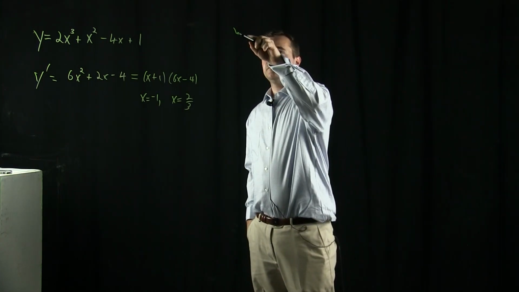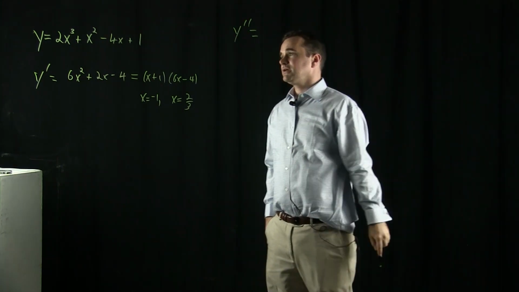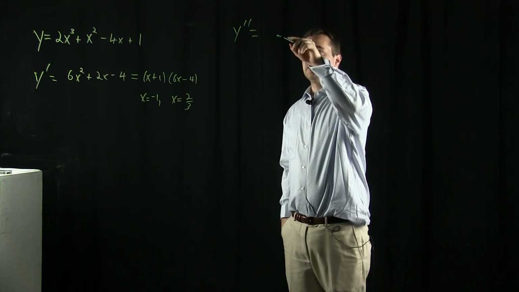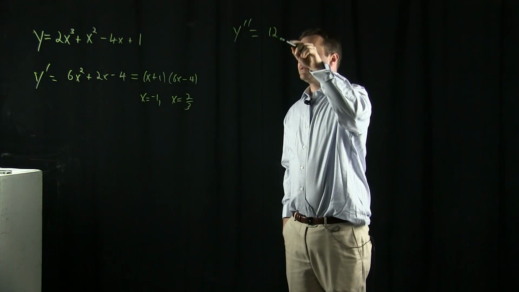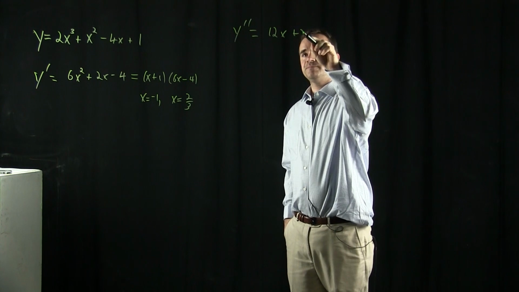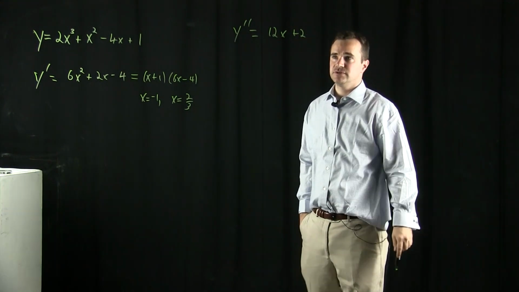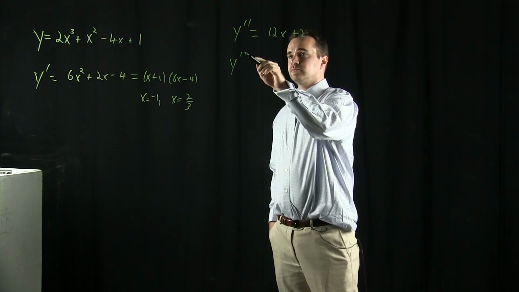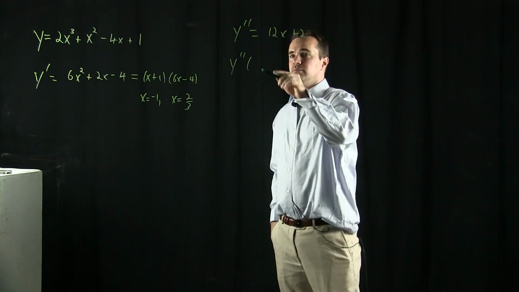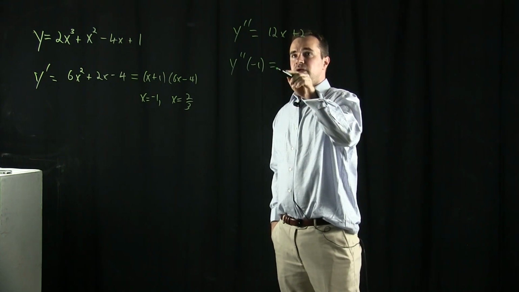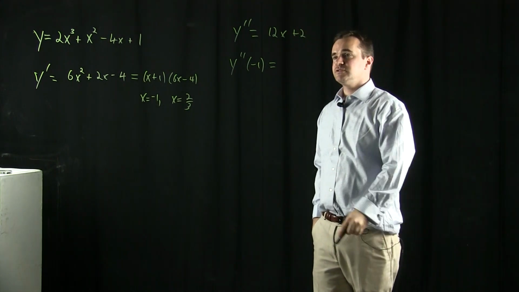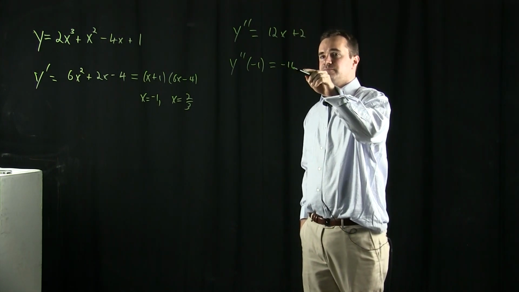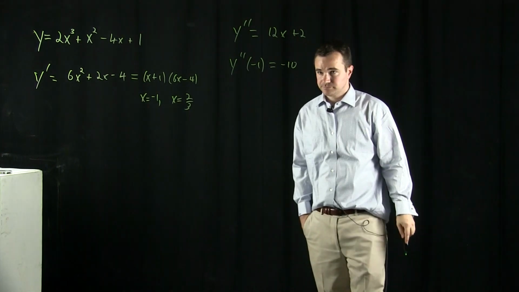So first, take that second derivative. I'm going to get 12x plus 2, that is, 2 times 6 times x plus 2. And the derivative of -4 is equal to 0. And so let's plug in x equals -1. So y double prime of -1 will be -12 plus 2 equals -10.